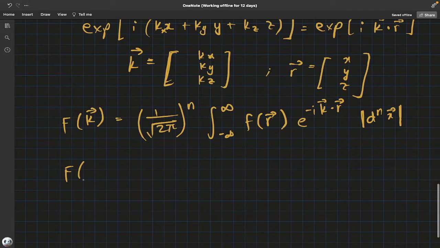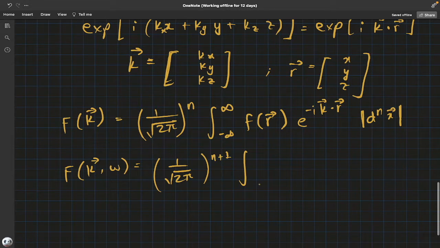The more useful version of this is a Fourier transform over both space and time, in which case you have n plus 1. Many textbooks omit this or have a weird factor. The factor doesn't really matter. It depends on what author you read from.